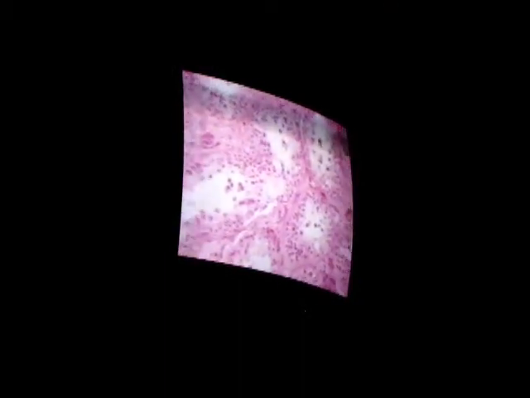So, okay. See the round structures here? These are the seminiferous tubules. They're inside the testes and they're making sperm. Okay? Seminiferous tubule.